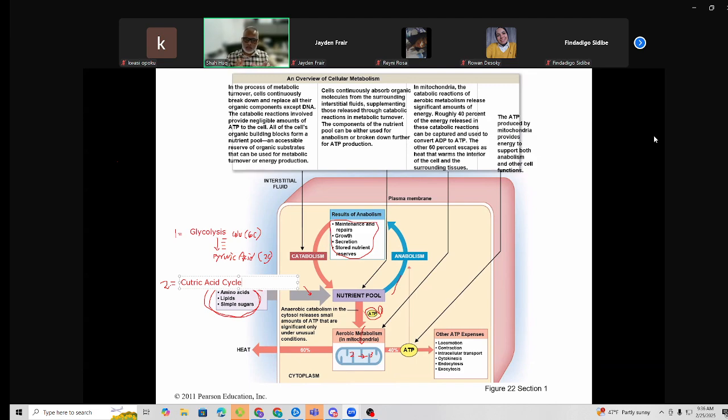It is performing a series of reactions, but it is going over and over in a cycle. And that process also makes ATP.